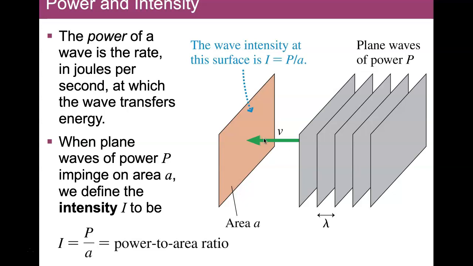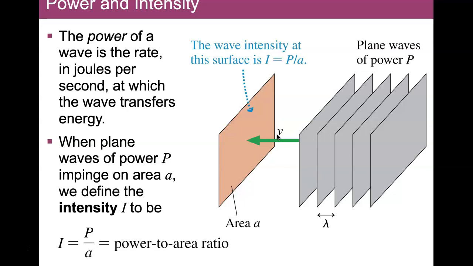So there's one direction for wave propagation, or you look at a very small patch, so it's small enough that it's perpendicular to the direction of propagation at that point. And you want to see how much energy per unit time, that's the power, passes through a unit area of this. So dividing by that gives us the intensity, which is a useful quantity to think about.